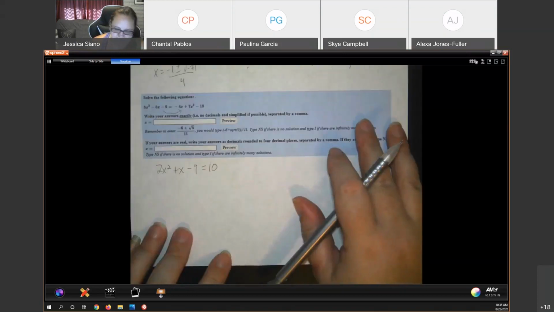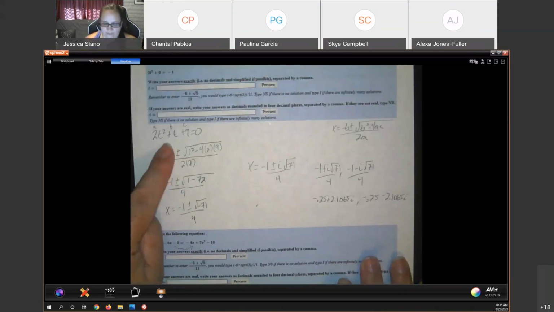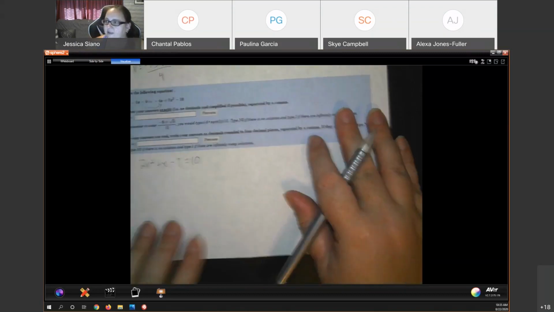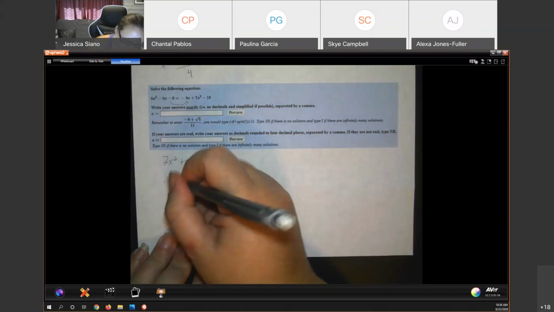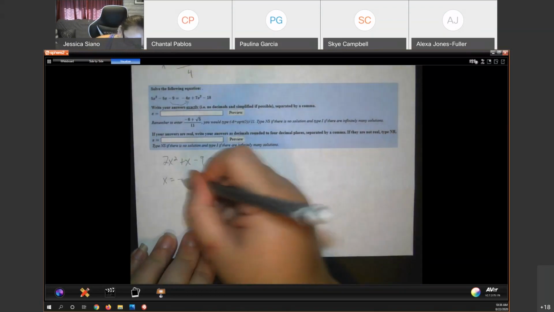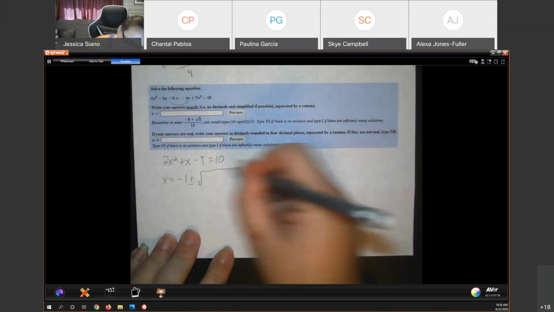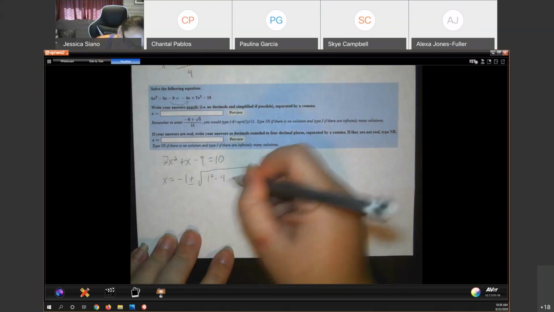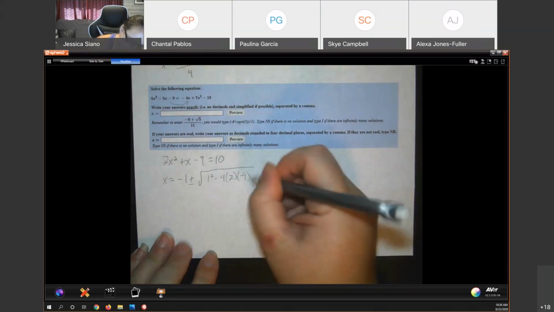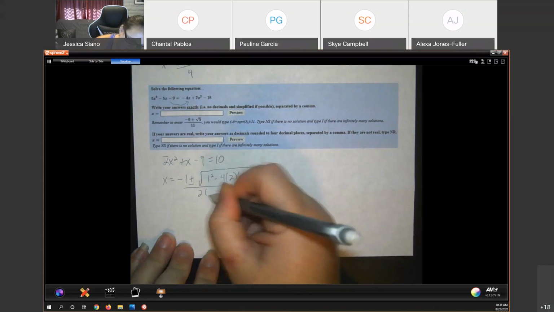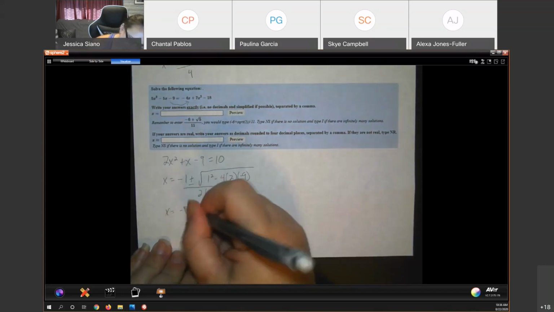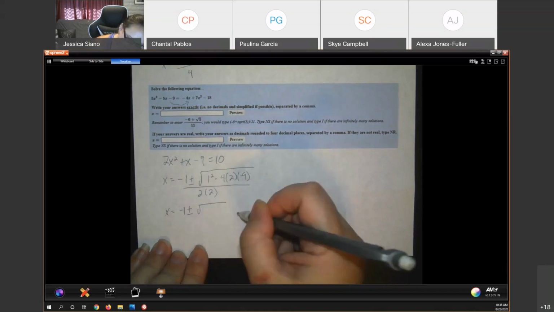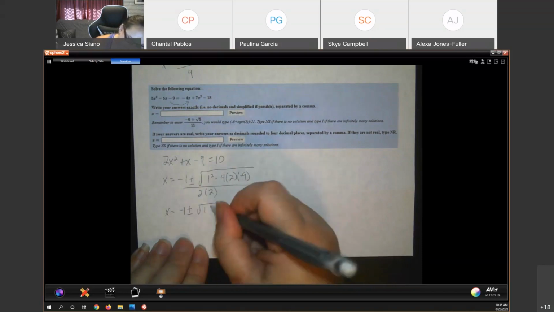This looks suspiciously like our last one, only with one sign different. Let's see how that affects my answer. So this is x equals -1 plus or minus the square root of 1 squared minus 4 times 2 times -9 over 2 times 2. -1 plus or minus the square root of 1 plus 72 this time.